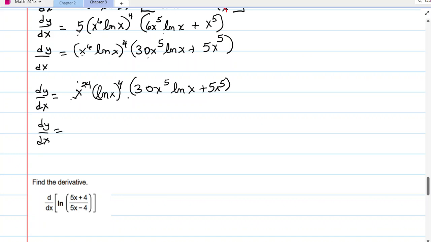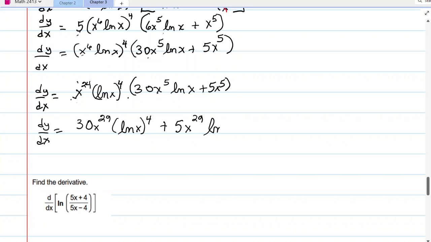Okay, so x to the 24 plus x to the 5 is x to the 29th ln x to the 4th. x to the 24 times 5, x to the 5 is 5 x to the 29 ln of x.